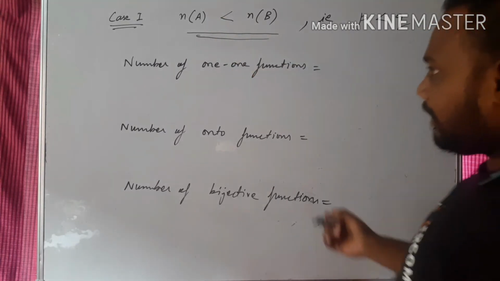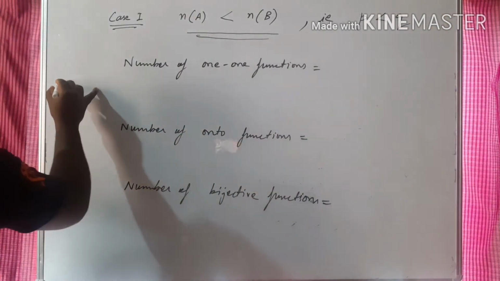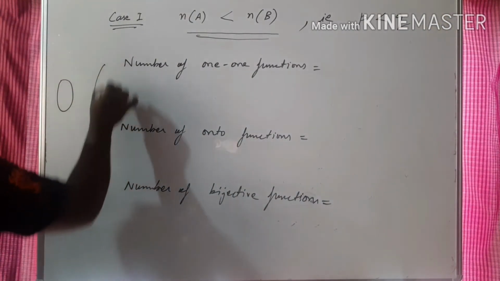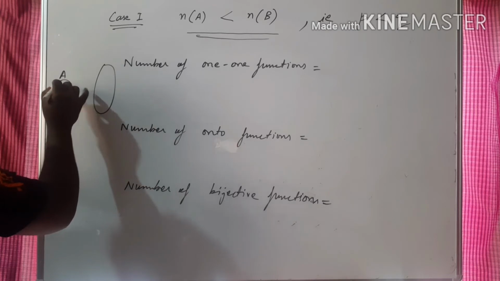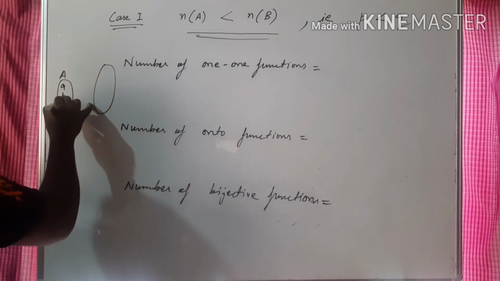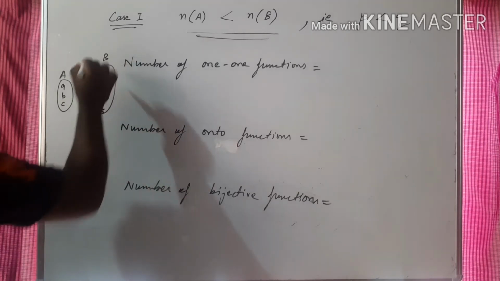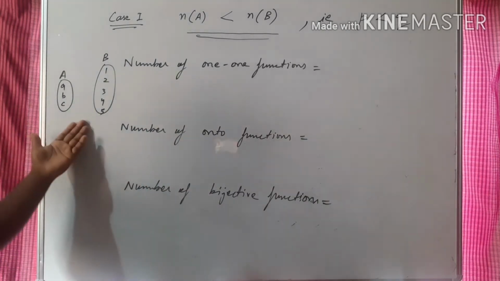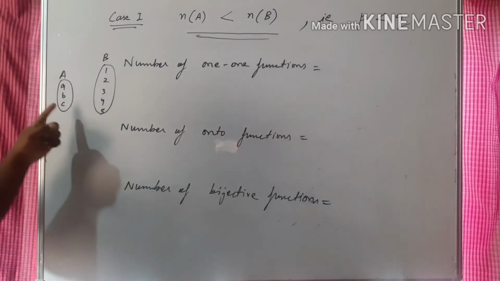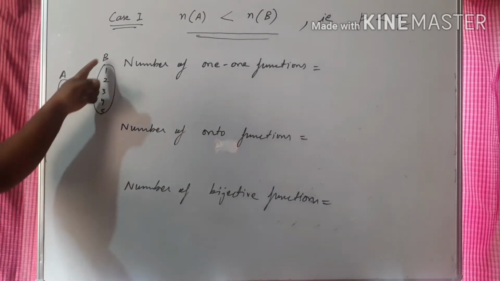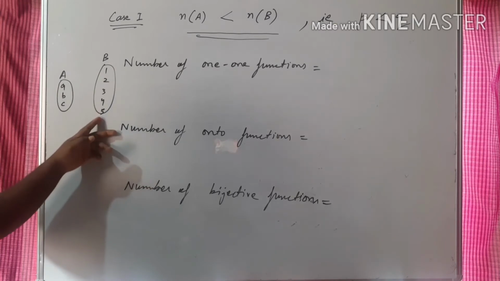Say I am having fewer elements in A than B. For example, I have here A, B, C and here 1, 2, 3, 4, 5. If I take an example like this, then it is very clear that the number of elements of A is 3 here, and the number of elements of B is 5 here.